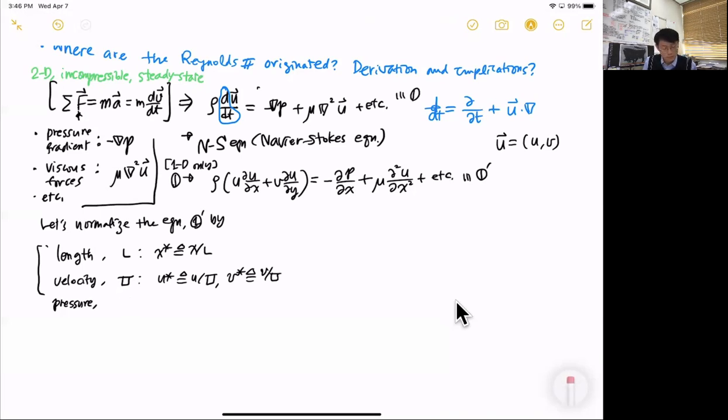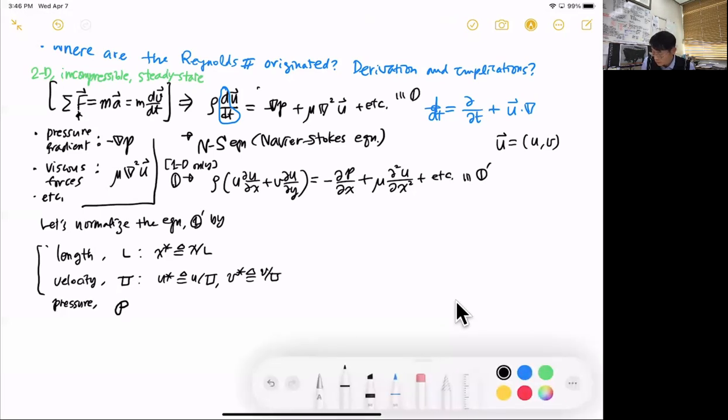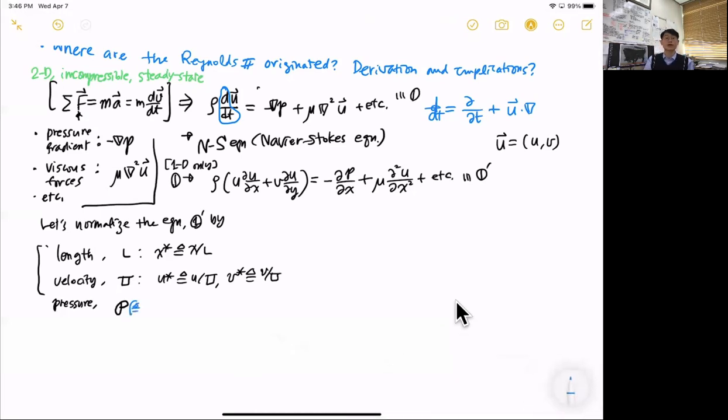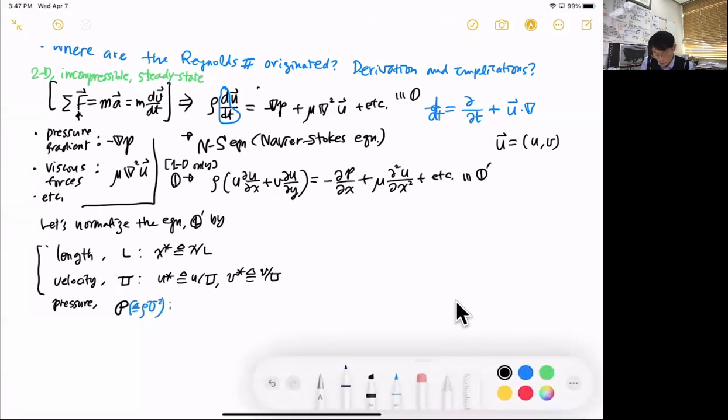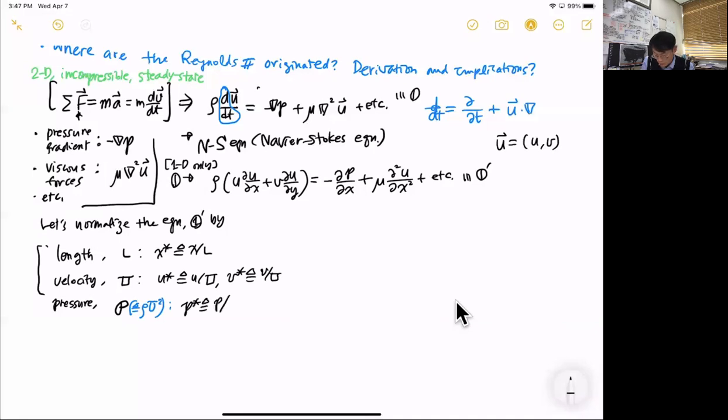From Bernoulli's equation, pressure has the same units as rho times velocity squared. So we define normalized pressure as pressure divided by this capital P.